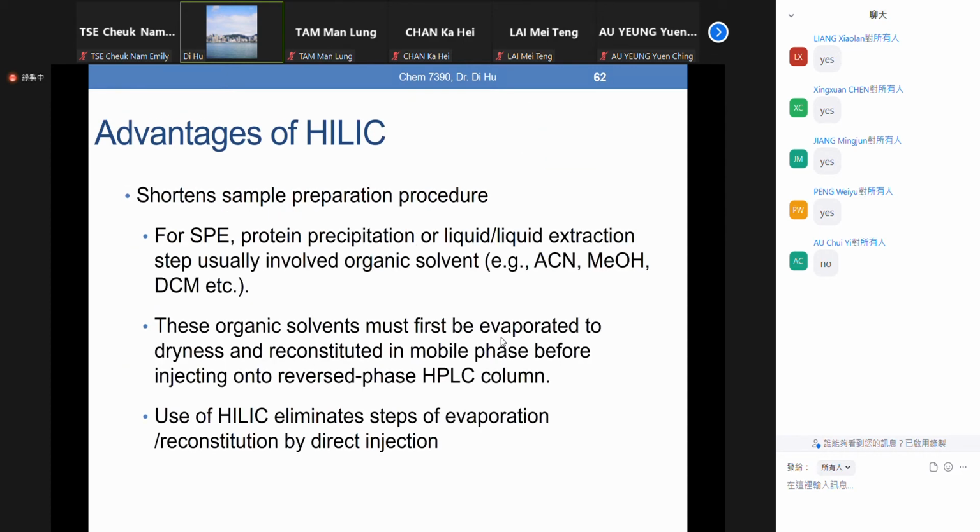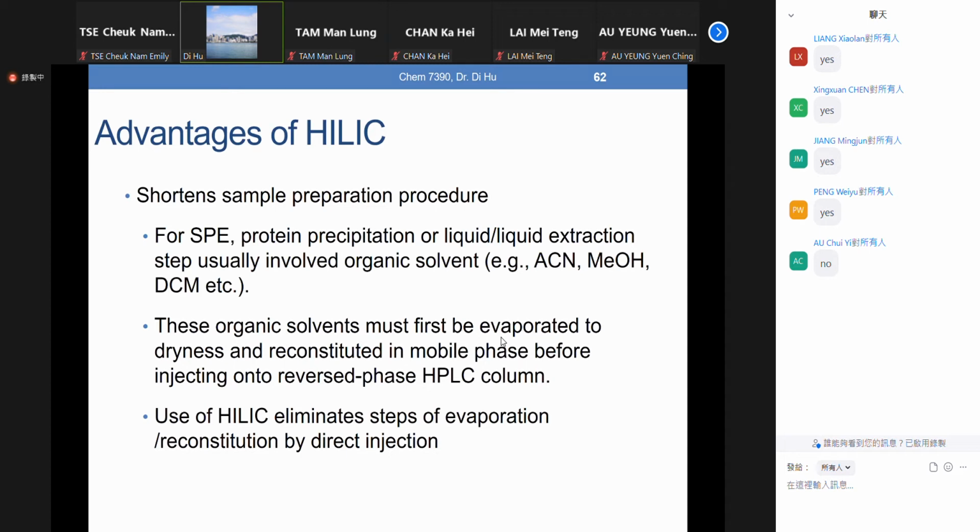And HILIC shortens the sample preparation procedure. For sample cleanup using SPE, protein precipitation or a liquid extraction step, organic solvent is usually involved.